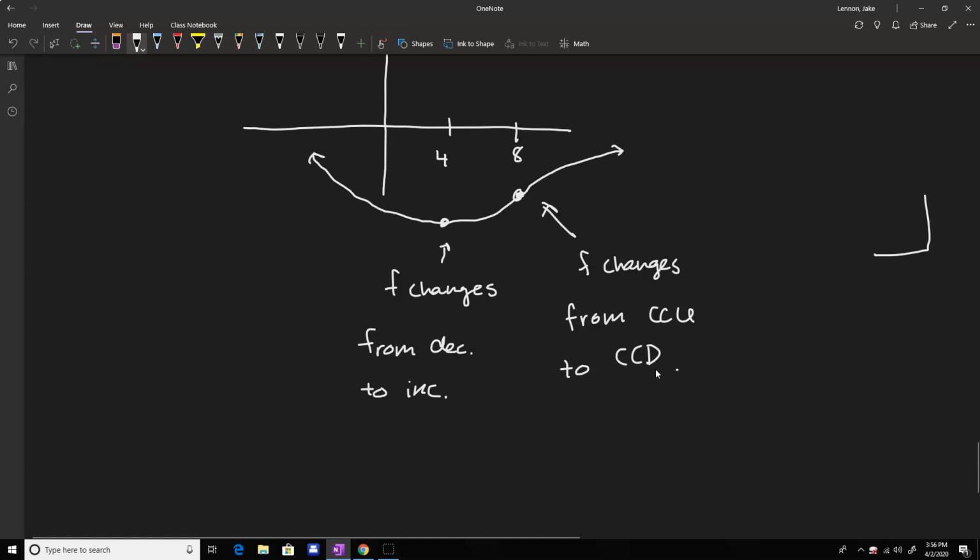So knowing things about the first and second derivative, in fact, helps us understand properties of the function. That's one of the reasons we're able to sketch graphs of things without plugging in all kinds of points. The derivative and the second derivative are really telling us all sorts of things about the properties of the function.